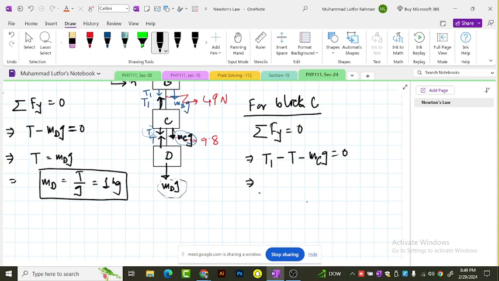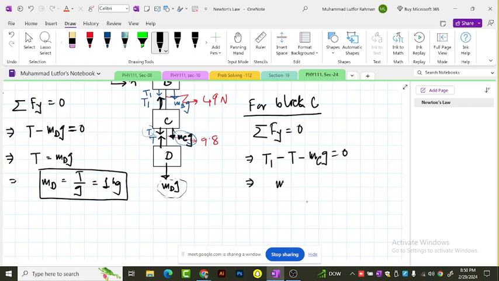Does MC here mean the weight of C only, or the weight of C, B, and A altogether? No, MCG means only the weight of this block C. I am applying Newton's second law individually for every block separately. That's why I am trying to draw it in that way. Thank you, sir.